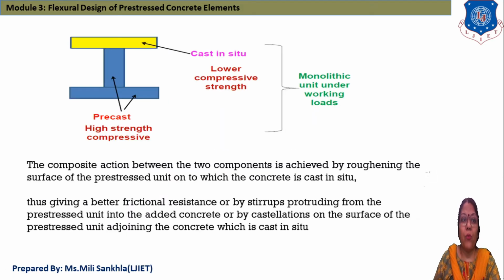Next, this one is the image of an I girder, and we understand how this I girder is used as a composite structural member.